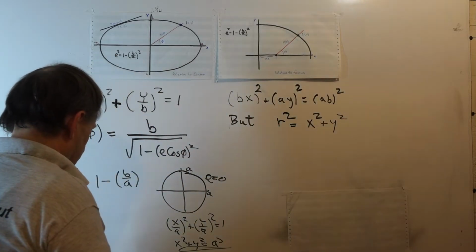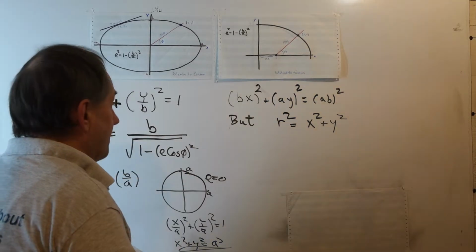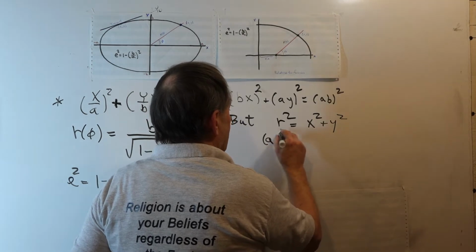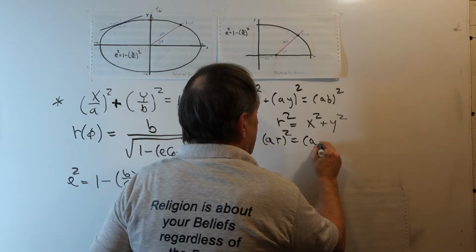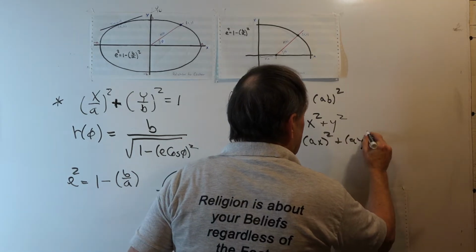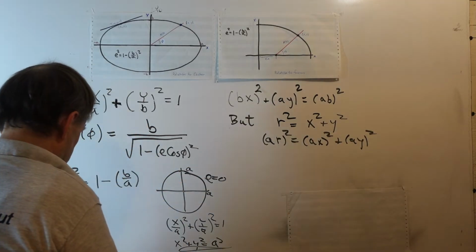Okay, by Pythagoras' theorem. Now let's multiply through by a. So we have a r squared equals a x squared plus a y squared. Multiplied through by a in that equation.